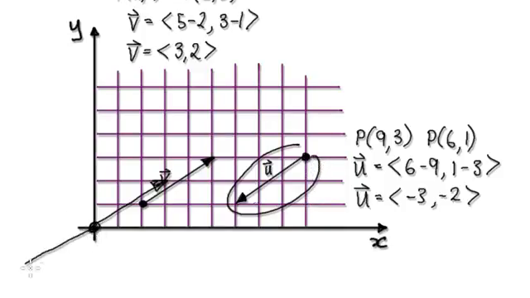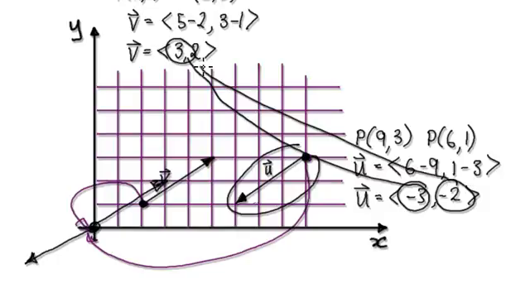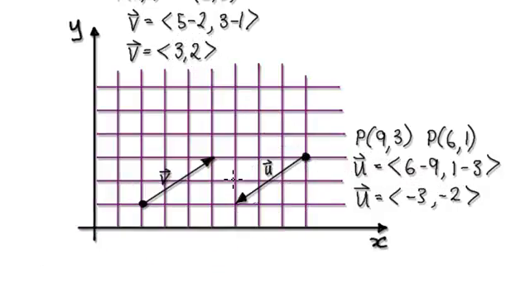Now, for the two vectors to be the same, these two must match up, but they don't. So these two are not equal.